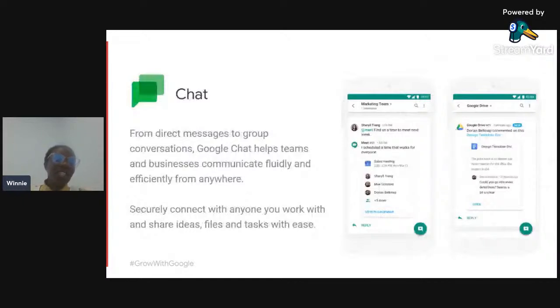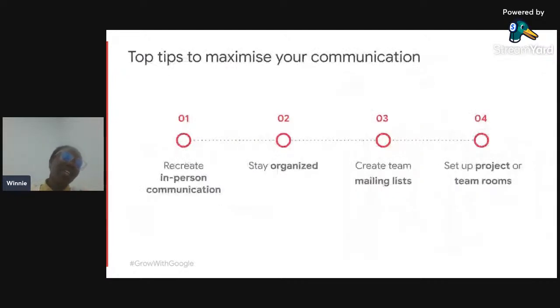So moving on, what are some of the top tips for maximizing communication? You need to recreate in-person communication. What are some of the benefits of in-person communication? You can see my expressions. Right now, you can see the way I'm communicating. You can tell, for example, whether I'm here with you or not. So you need to recreate that in online conversation so that you don't miss out.